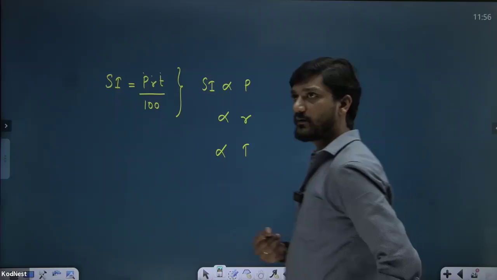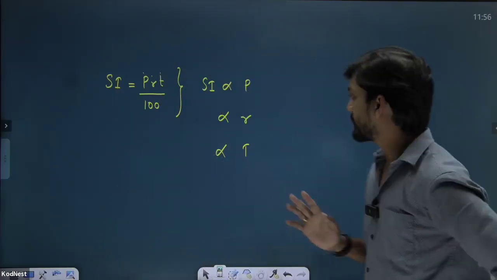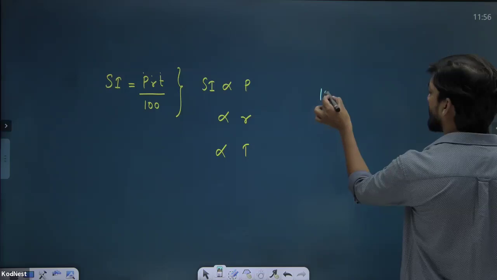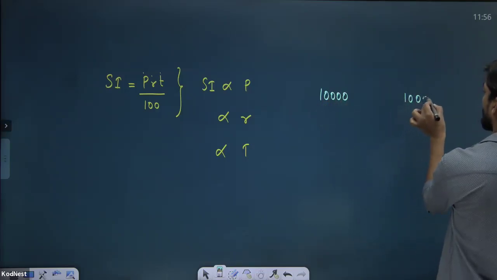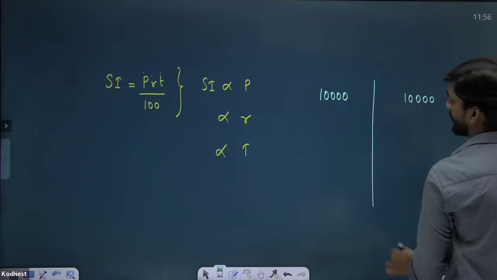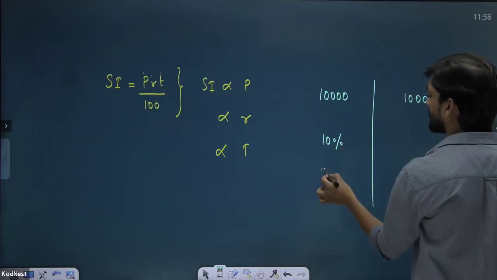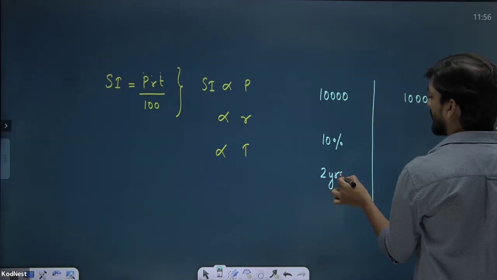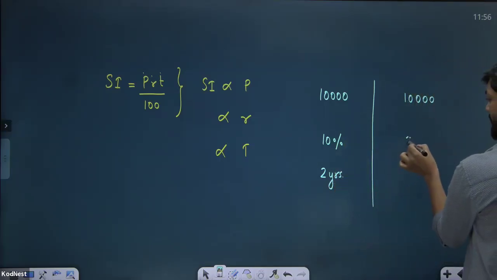One more thing. Just answer something. There are two persons. One person deposited 10,000 rupees. The second one also deposited 10,000 rupees. One person is getting 10% interest. He has deposited for 2 years. The second one is getting 20%.